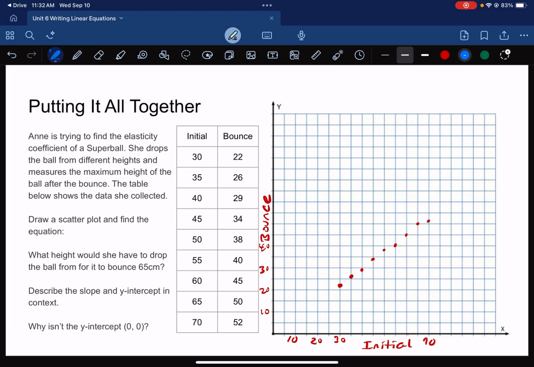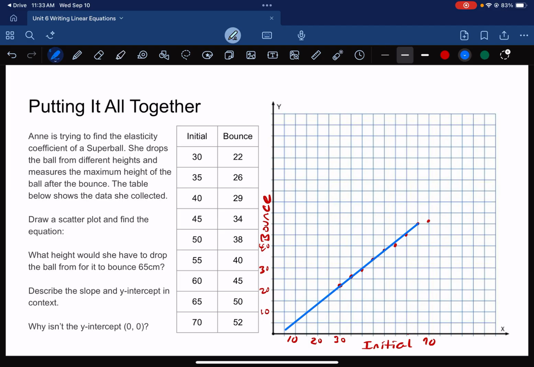Well, that doesn't look quite right. So I'll try this. I'm going to definitely go through this one, and then I'm going to go through one back here. So maybe like this. There, that's going to be my line. Now, problem is I don't have a y-intercept here.